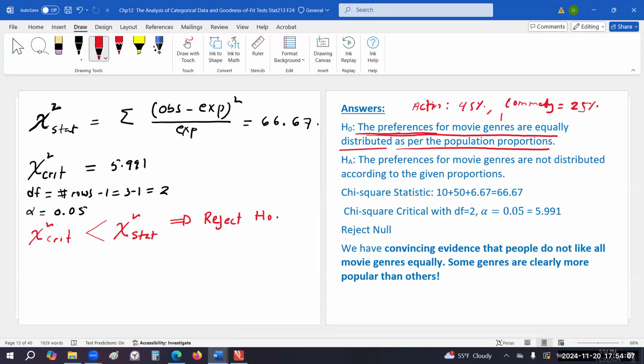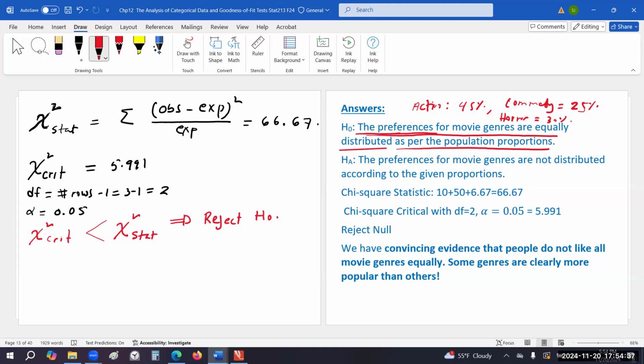And for horror, we have 30%. So the null hypothesis is saying that the proportion is exactly the population proportion. And the alternative says, nope, it's not like that. People may like one genre more than another genre. So it's the opposite of the null.